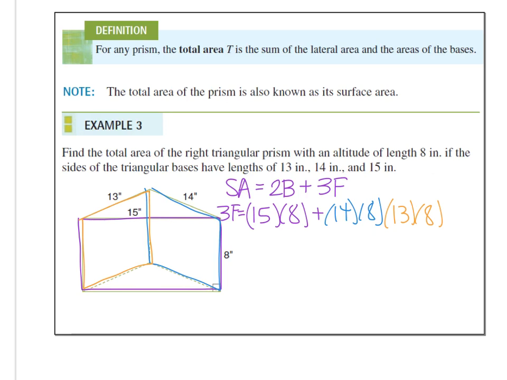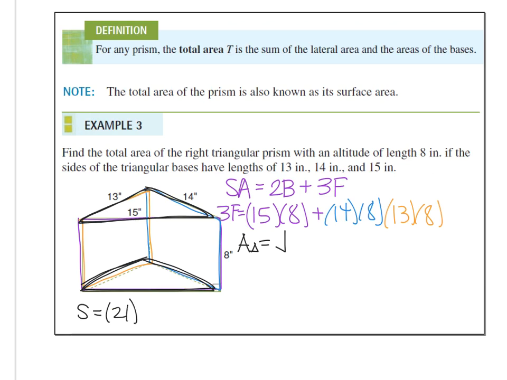So now looking at our bases, this is one base, which is equal to this base down here. Now we know how to find the area of a base that's a scalene triangle, and we use Heron's formula. So the area of my triangle, we have to find our semi-perimeter, and we know that our semi-perimeter in this case is 21.